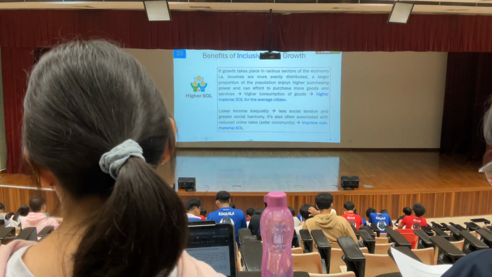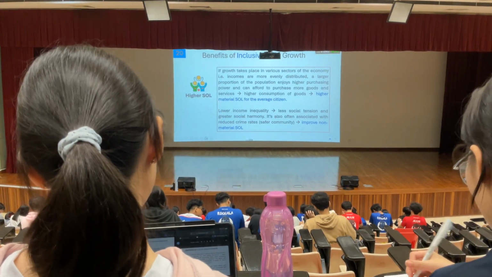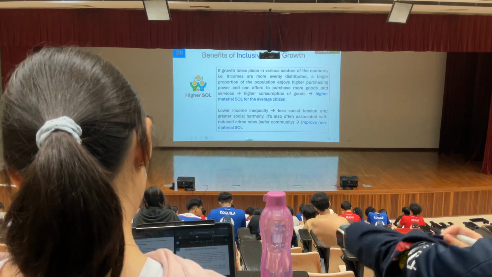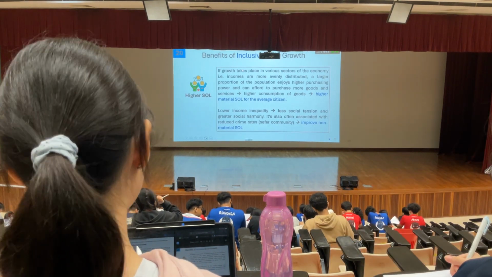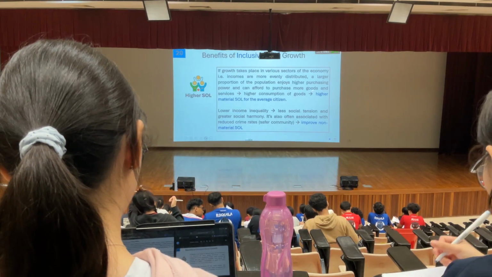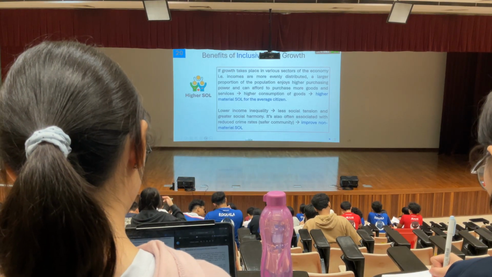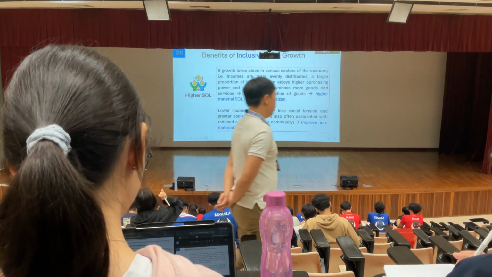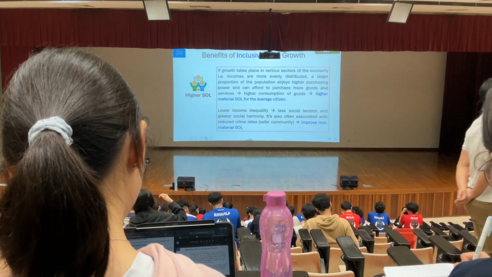The income will be more evenly distributed. When income is more evenly distributed, it means you will have a larger proportion of the population having higher income and higher purchasing power. They have the ability to buy and consume more goods and services. You will have higher material standards of living for the average citizen.